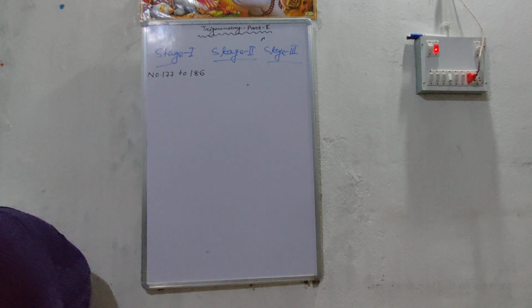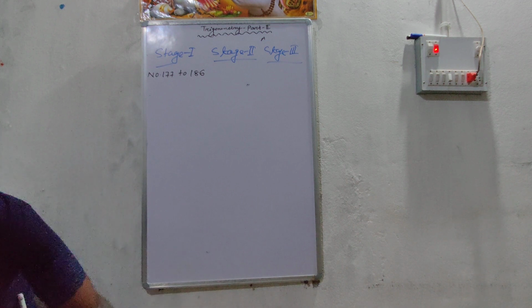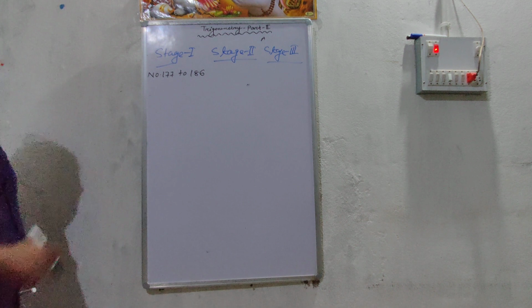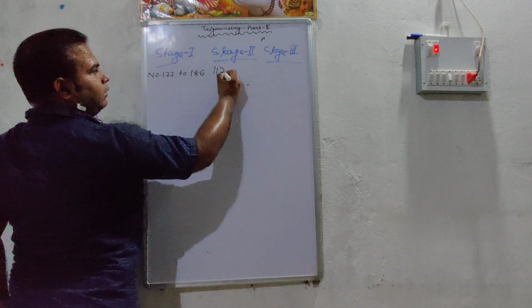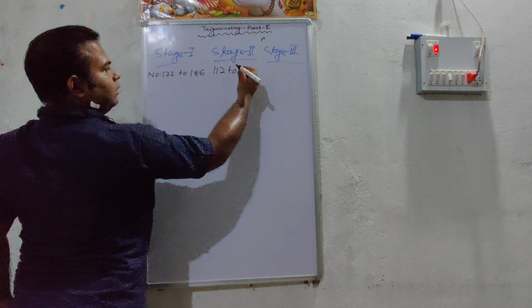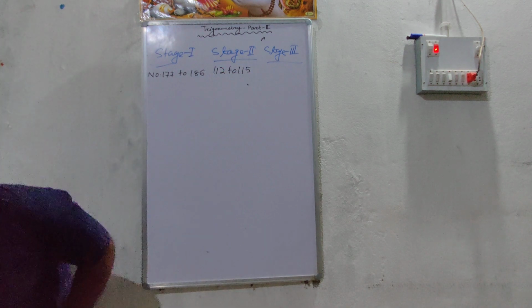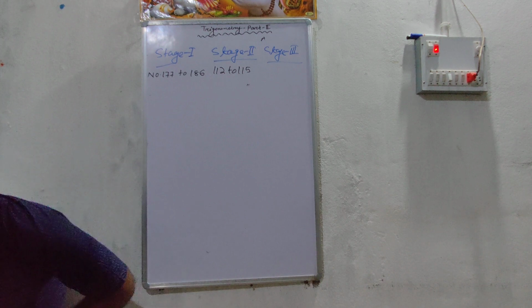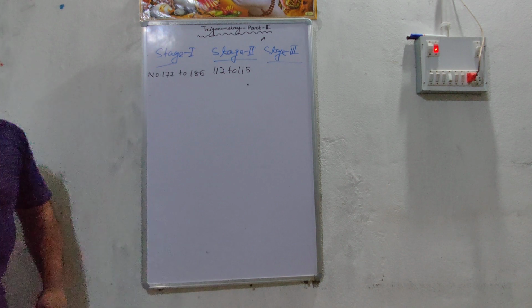Then comes stage 2, numbers 112 to 115. And from stage 3, numbers 116 to 125.